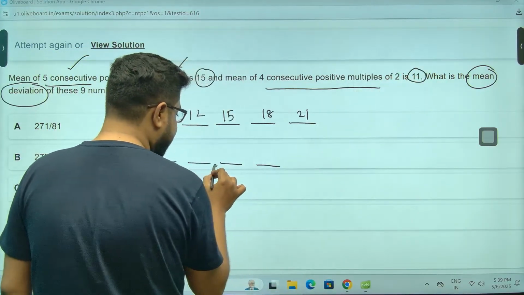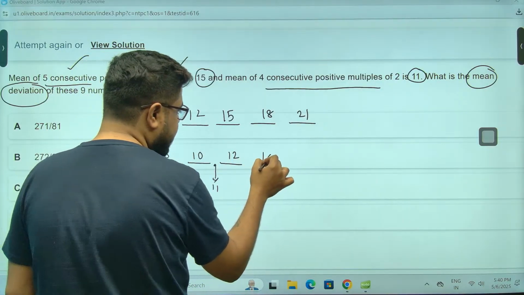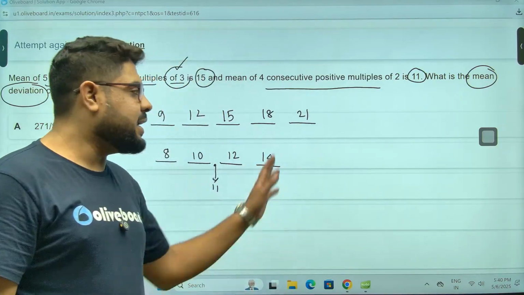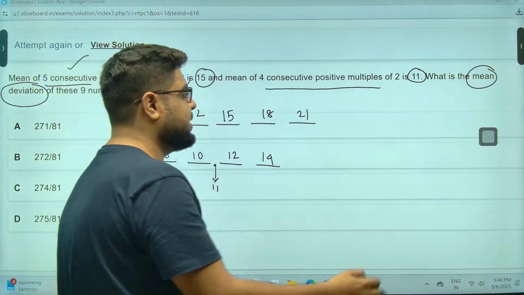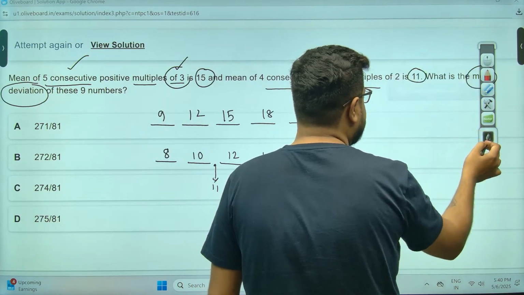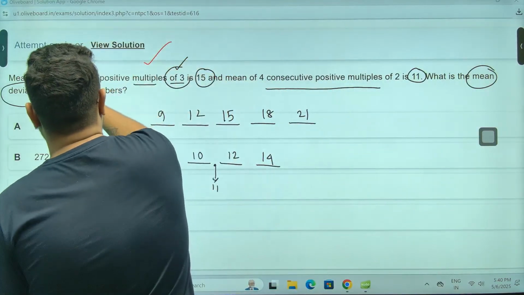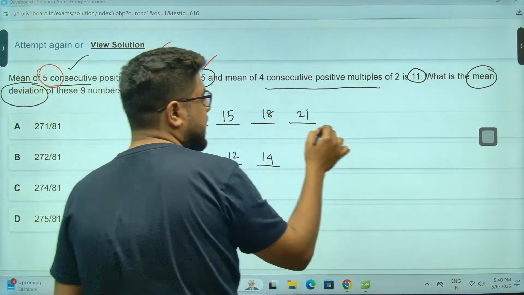That means the middle value is 11. It is 12, it is 10, this is 8, this is 14. All the numbers we know, we need the average. But again, we will not take the average like this. We will take the average using weighted average, sir. There are 5 numbers into 15, 75.